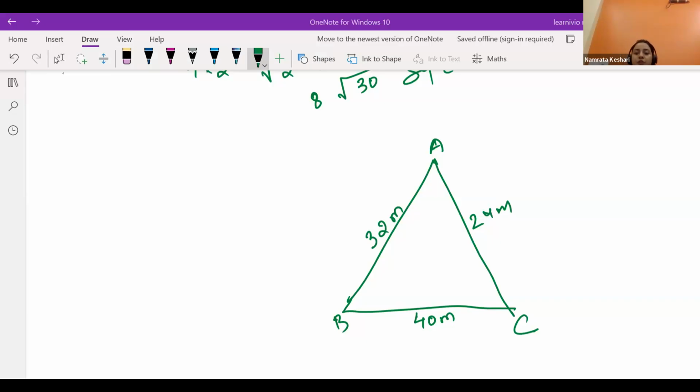Yes, what are you getting? Ma'am, I'm sorry, 128 root 3 as an answer. 120. Yes, Arhan, what did you get?